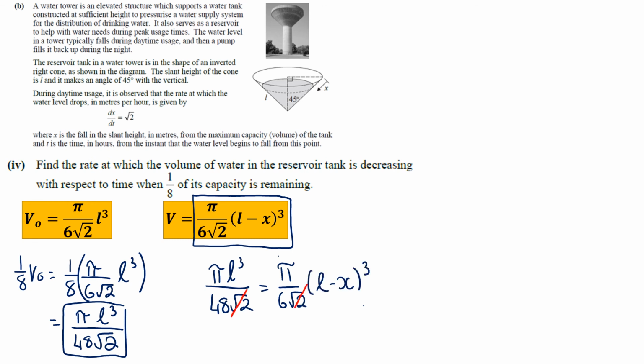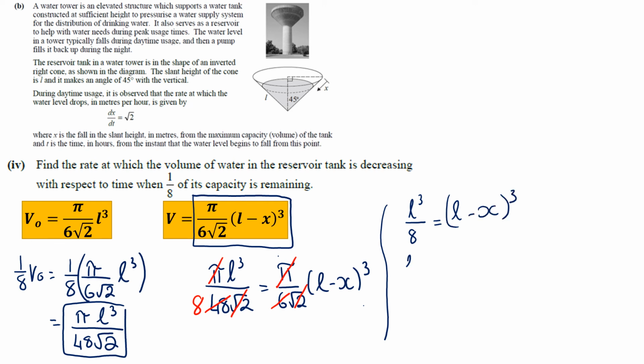So there's a root 2 on both sides underneath the line. There's a pi above the line. 6 goes into 48 8 times. So simplifying this gives me L cubed over 8 is equal to (L minus x) all cubed.